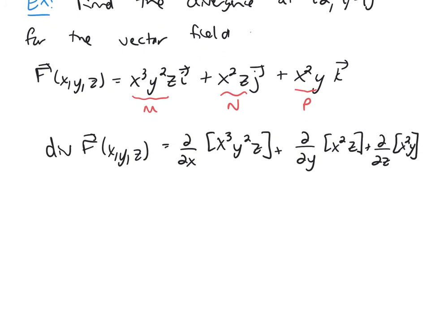So here I'm going to get 3x squared y squared z, and these other two partial derivatives are 0.